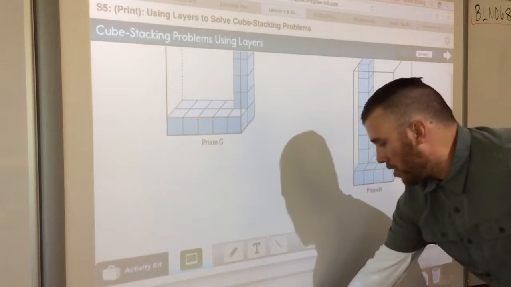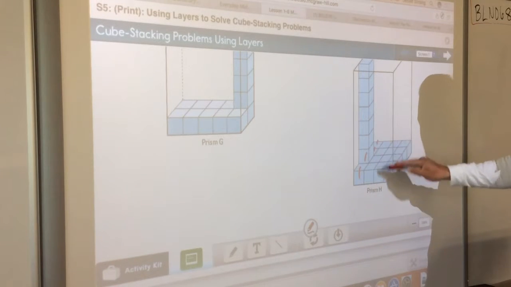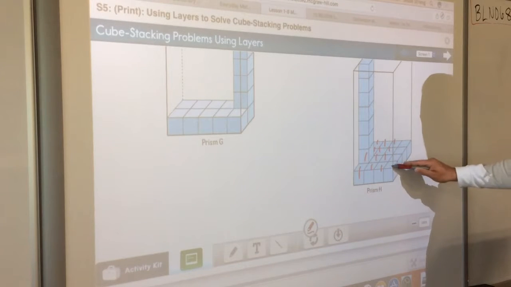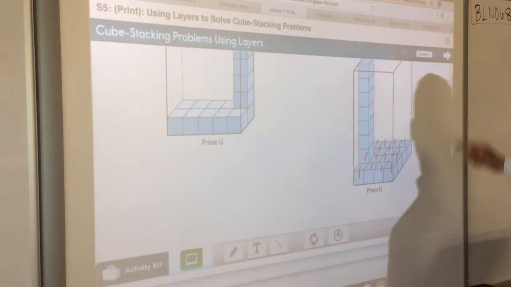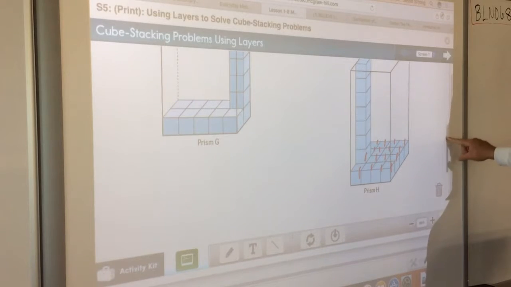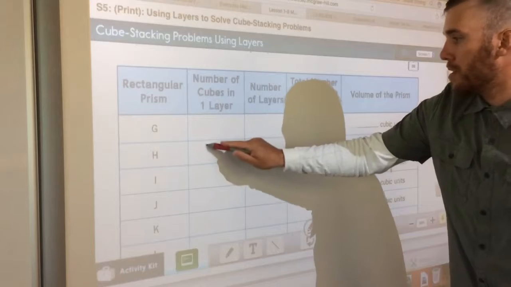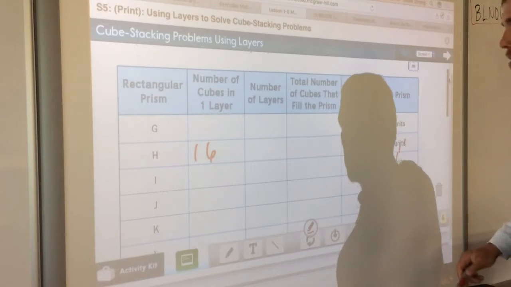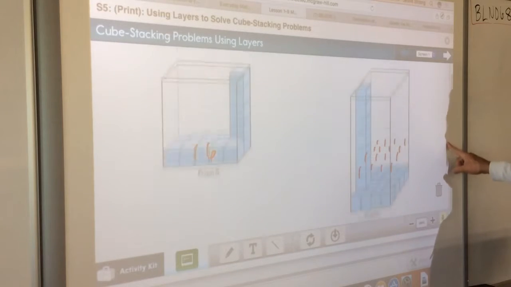Okay, let's count how many cubes are on the bottom. 1, 2, 3, 4, 5, 6, 7, 8, 9, 10, 11, 12, 13, 14, 15, 16. Okay, go back up. Write my 16 number of cubes in layer 1 of H. Go back down, see how many layers there are.